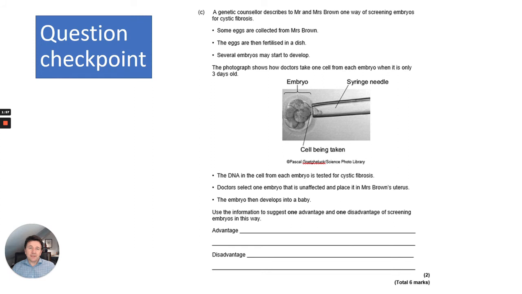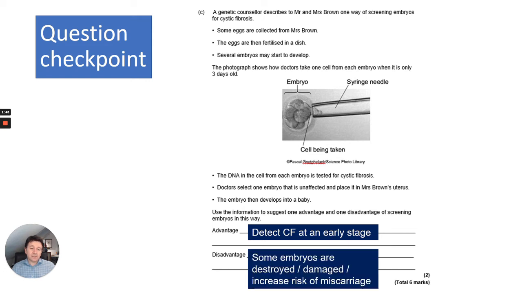So 3, 2, 1. So looking at the information, the advantage is that they can detect cystic fibrosis at an early stage. A disadvantage is that some embryos may be destroyed or damaged, or it's going to increase the risk of miscarriage.